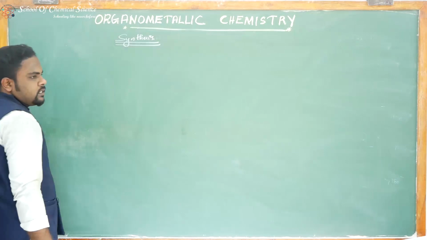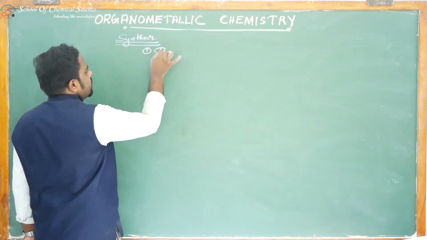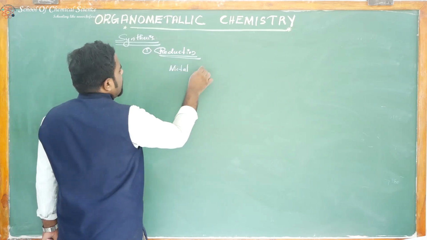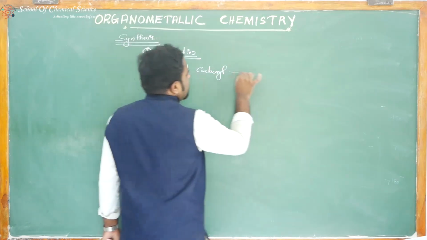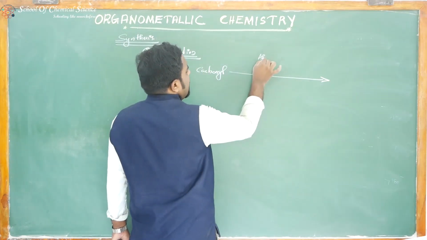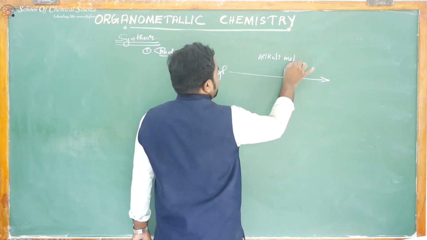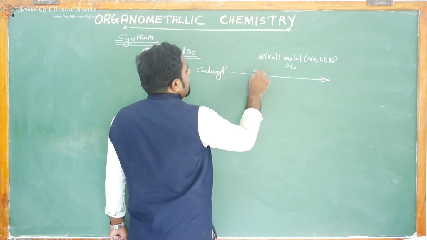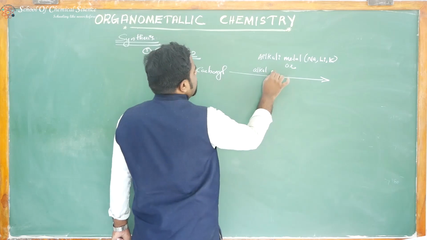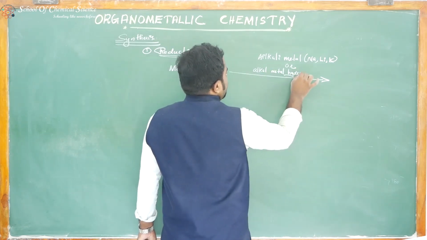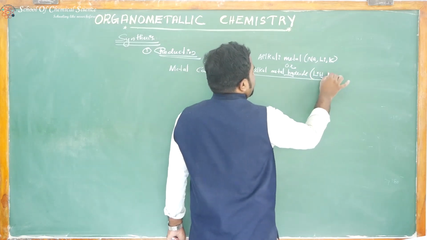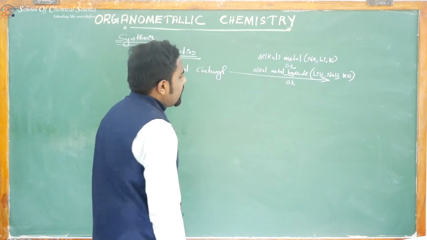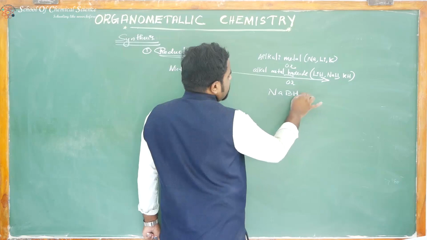First method of synthesis: reduction. You have to take a metal carbonyl, then reduce it using any of these reagents: alkali metals like sodium, lithium or potassium, or alkali metal hydrides, for example lithium hydride, sodium hydride, potassium hydride, or a hydride donor like sodium borohydride.